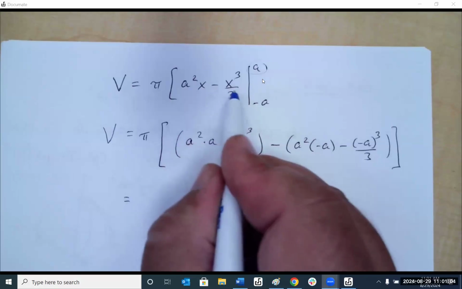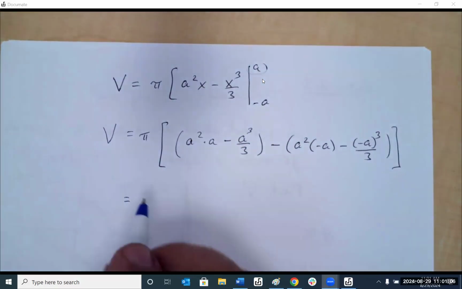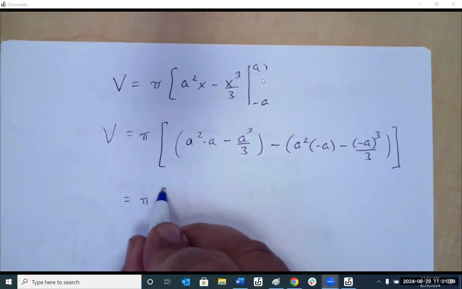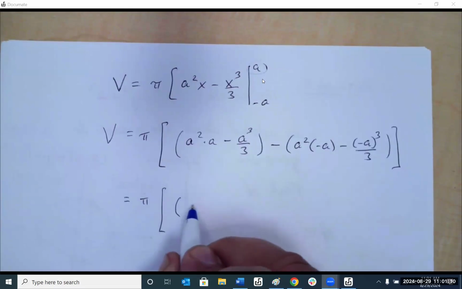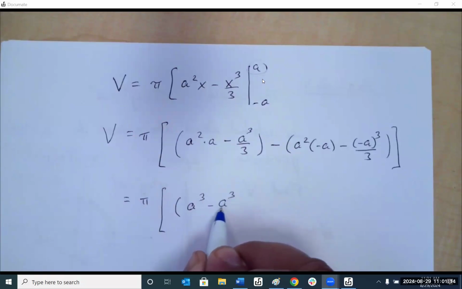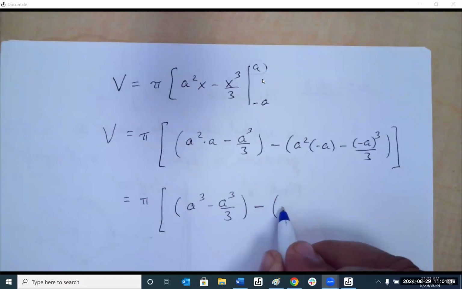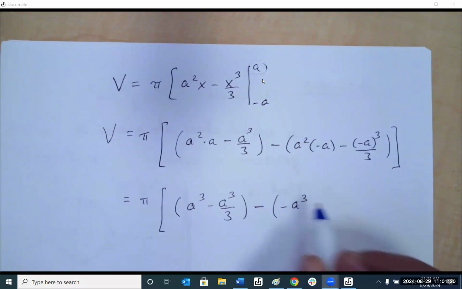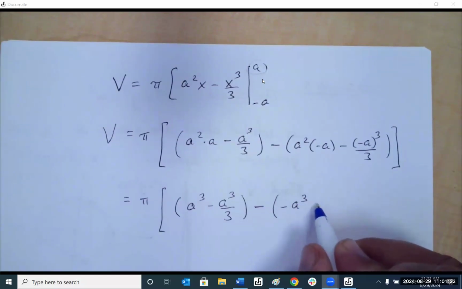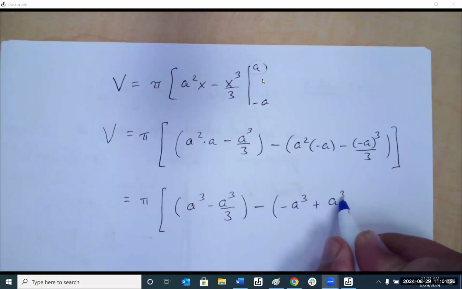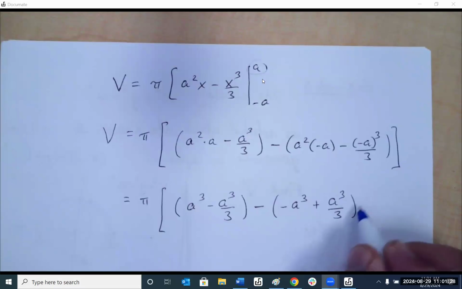I'm just taking this one, putting in both of those, then this one, both of those. So it's a cubed minus a cubed over 3, minus negative a cubed, plus a cubed over 3.